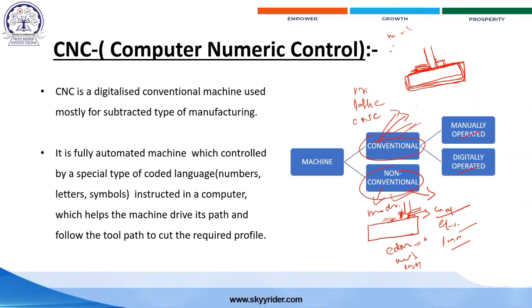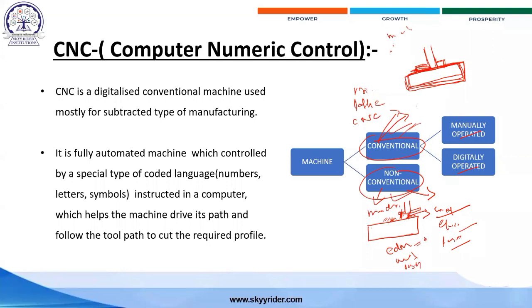Okay, but in digitally operated, all the parameters will be set on a computer. Means only the speed, feed, whatever you want, will be set in the computer itself. Then that computer will be helping. That computer will be doing what?